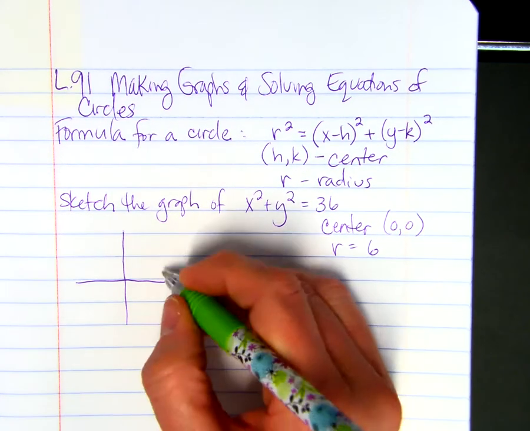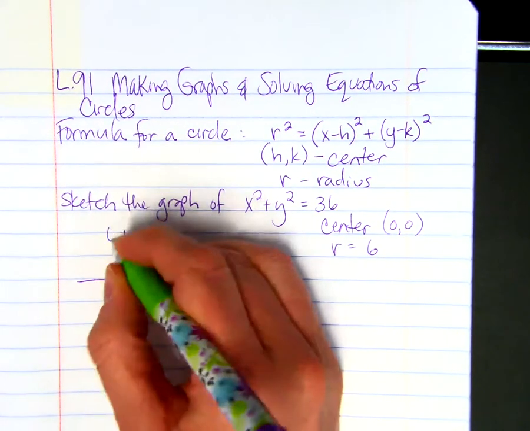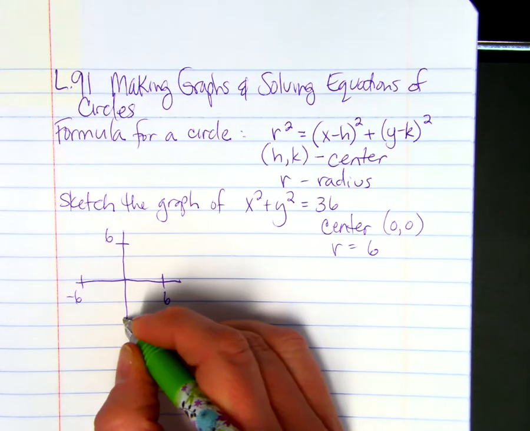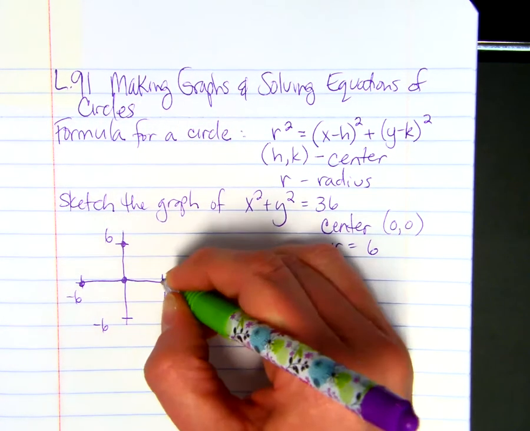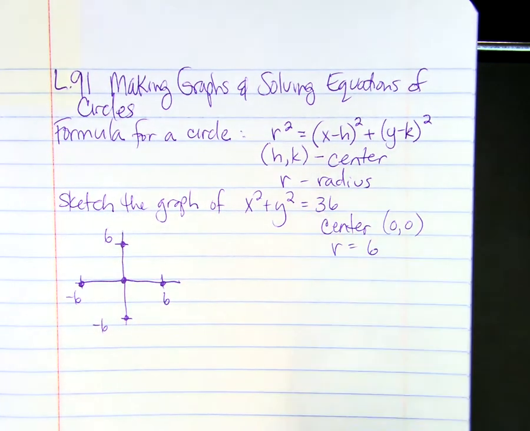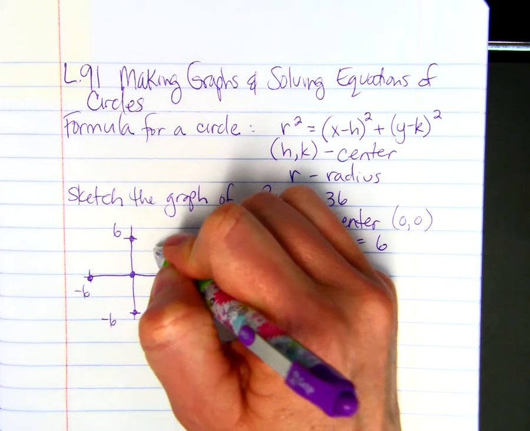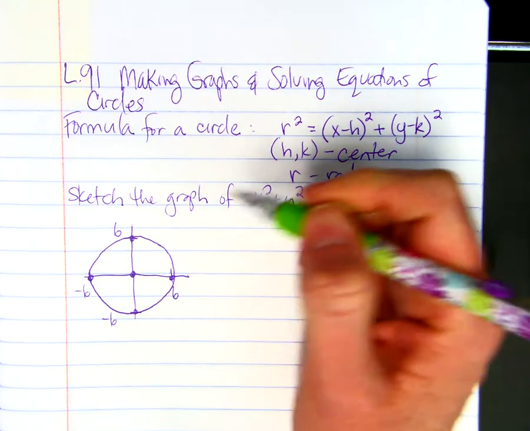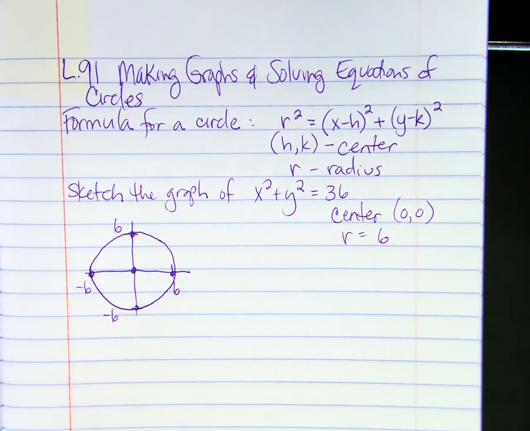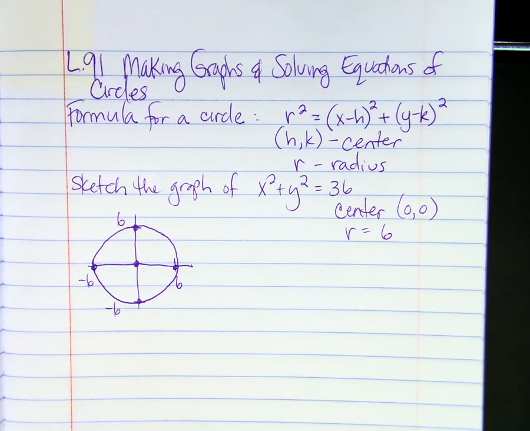So if we were to graph it, we're going to count by 6s, make it a lot easier. Our center's at 0, 0, so we just go out 6 on each point of the compass, and then just draw a circle around, and that would be the graph of the circle.